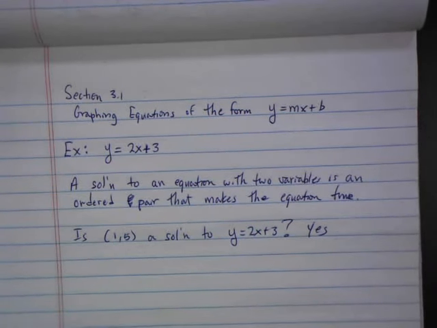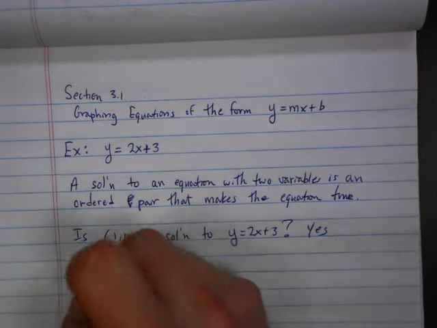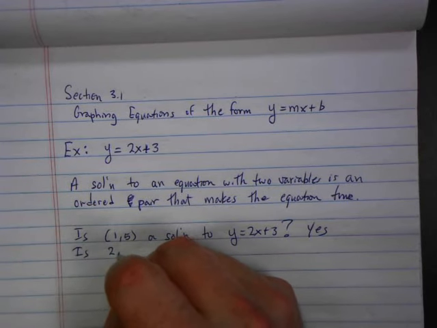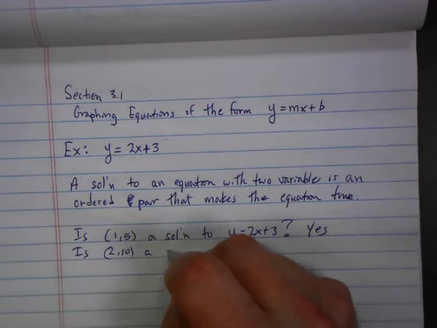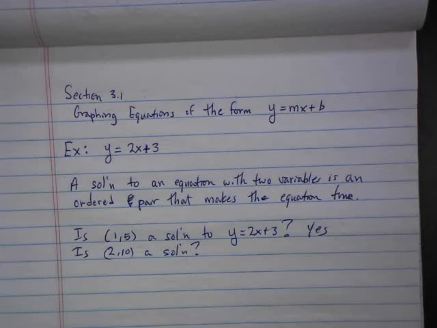Give me another solution. (2, 10). Okay. Is (2, 10) a solution? And this time I think you would say no. Why not? What's wrong with (2, 10)?